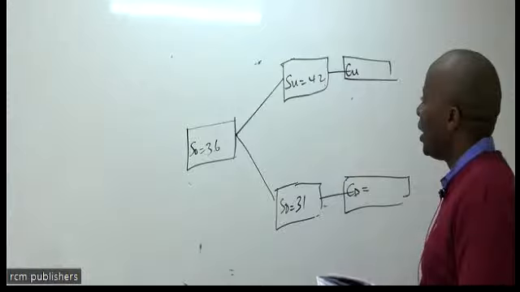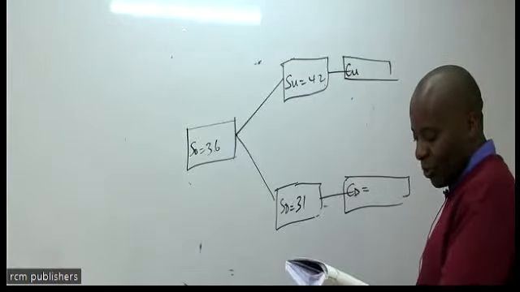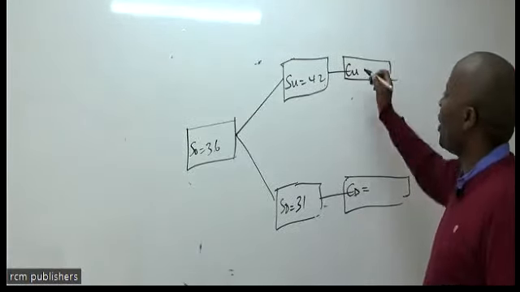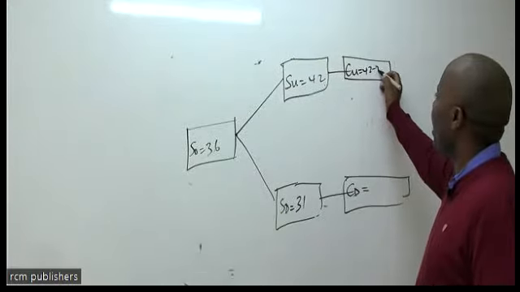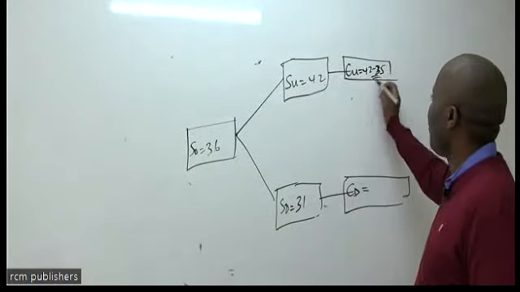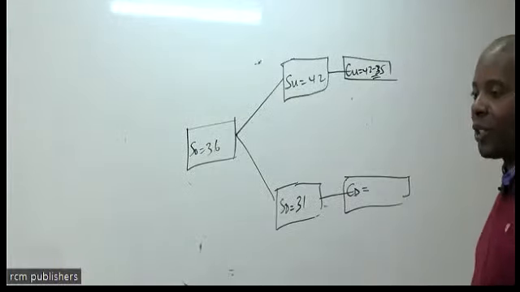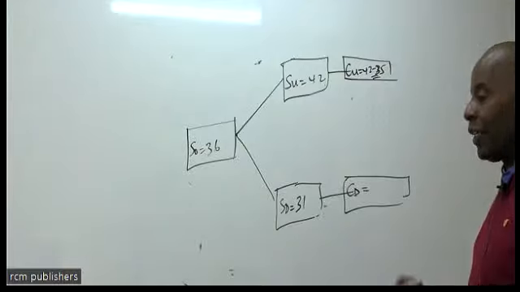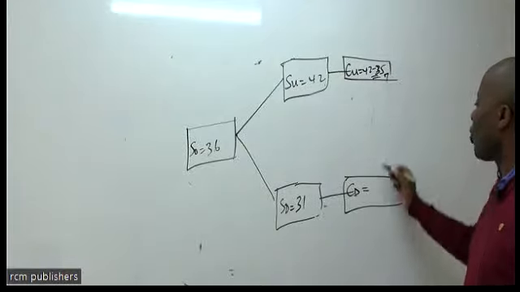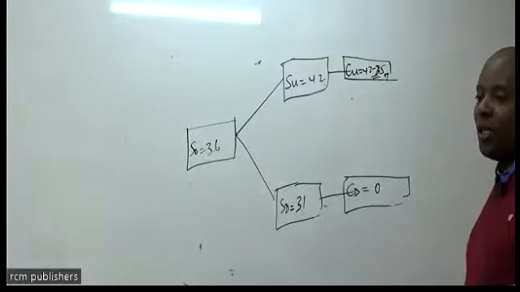Of course, here I need the strike price. The strike price is 35. So this will be 42 minus 35, which gives me 7. Thank you so much. The other one here will be 0.